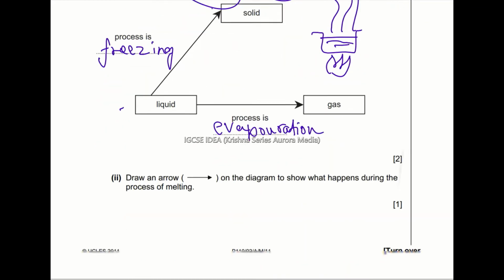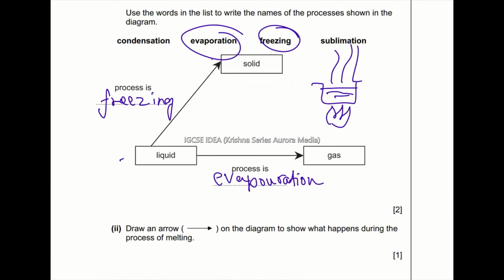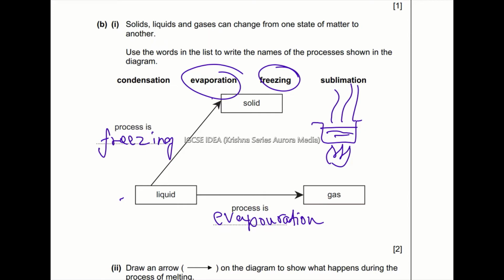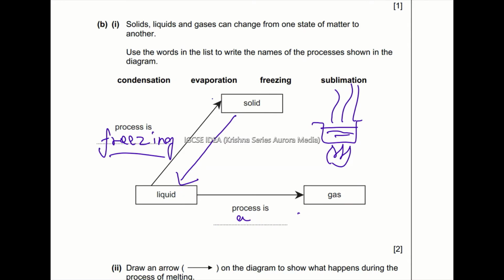Draw an arrow in the diagram to show what happens during the process of melting. Melting is where a solid turns into a liquid, the opposite of freezing. So the arrow goes like this. Okay, so let's erase all of this to make it more clear.